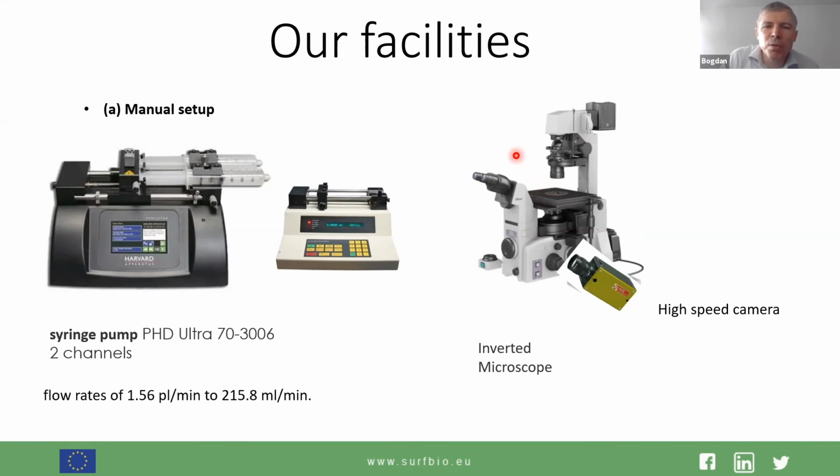This is typically done through plastic tubing connected to controllable syringe pumps. In this case, we refer to this setup as a manual setup. Manual means that we manually set up the syringe pumps. What you set up here is the pressure on this syringe, and by this we can control the flow in the channel that we generate.